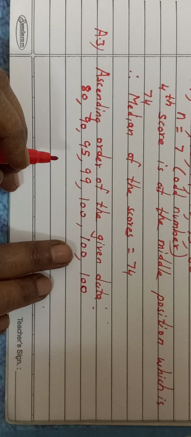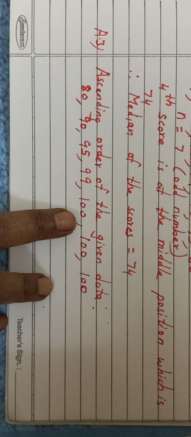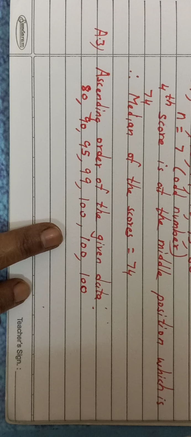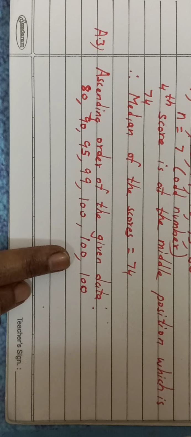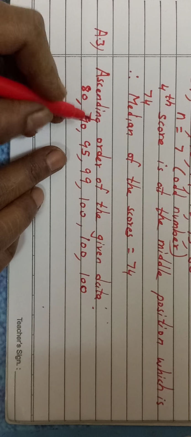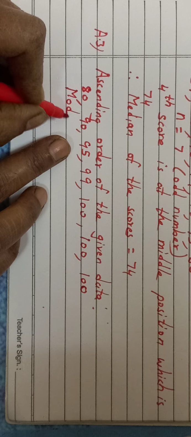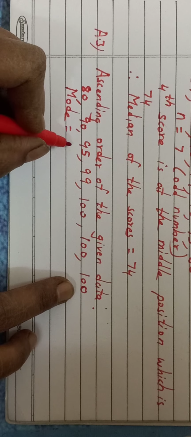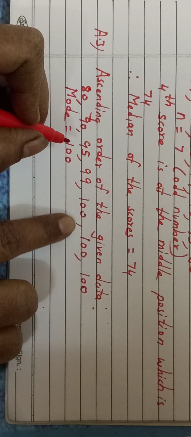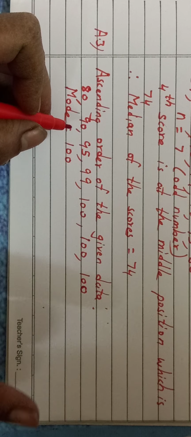Which score? 100. We don't need to write the frequency, we just want to write the mode. So just mention 100 is the mode. Half a mark is for the ascending order, and for the mode. Mode is 100 because it is repeated the maximum number of times. That's all.